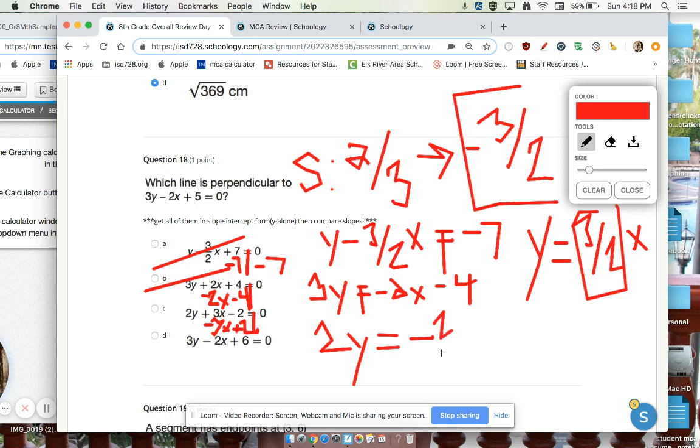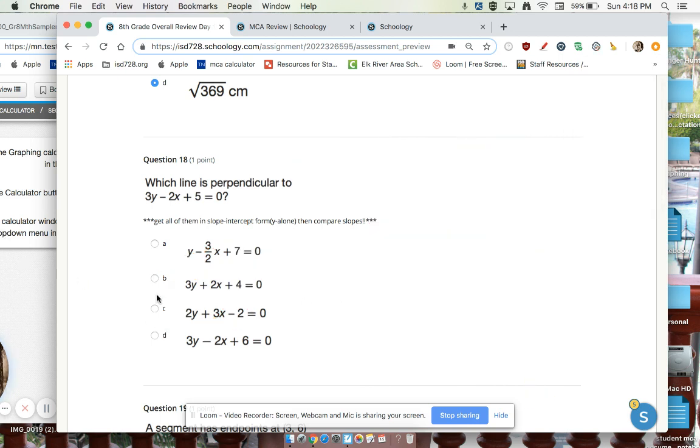Subtract 3x, and then I added 2. Even though, again, you don't care about the second term, also known as the y-intercept. You're comparing slopes. Divide everything by 2, and you'd get your 2 on the bottom. And then I do have my negative 3 over 2, so it would be C.